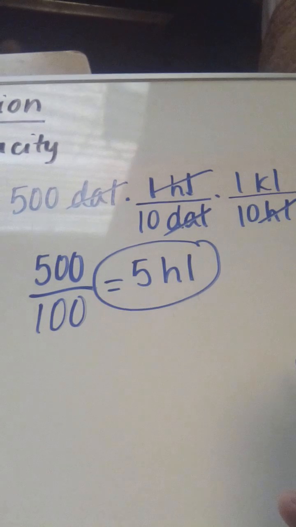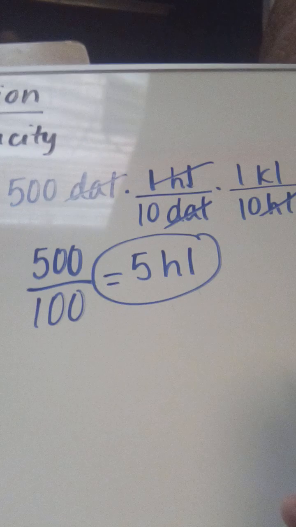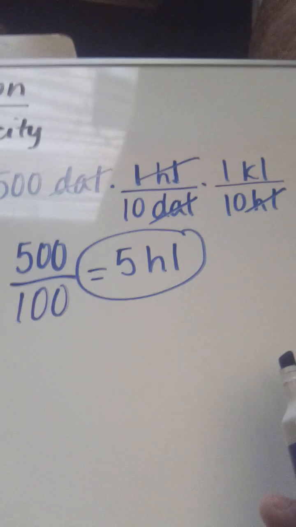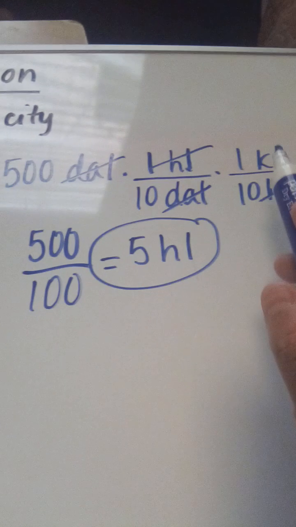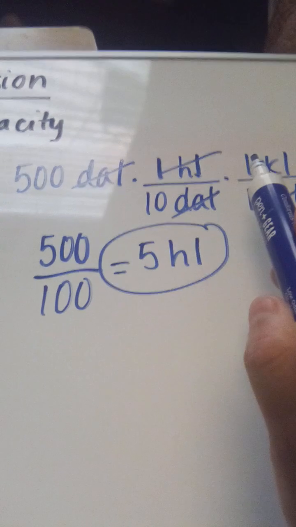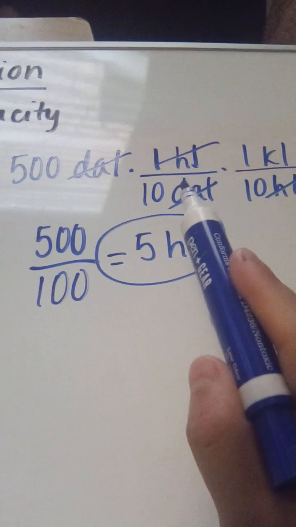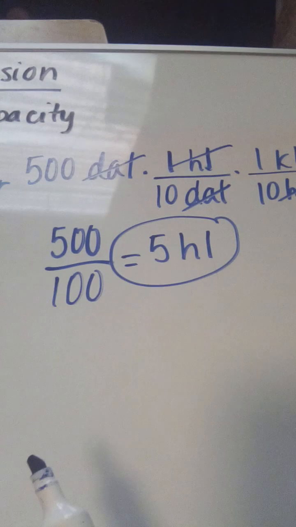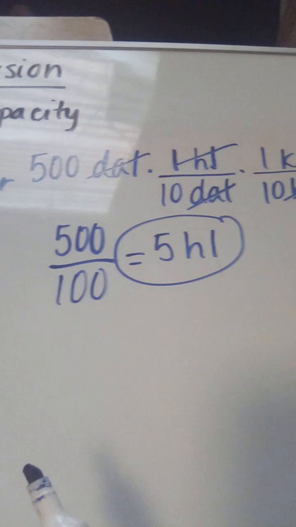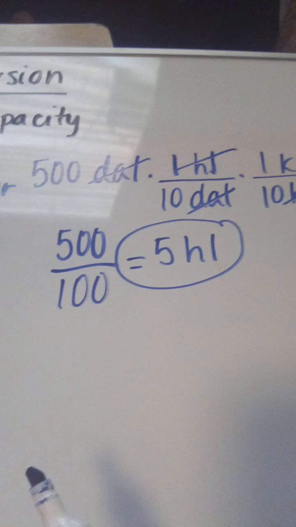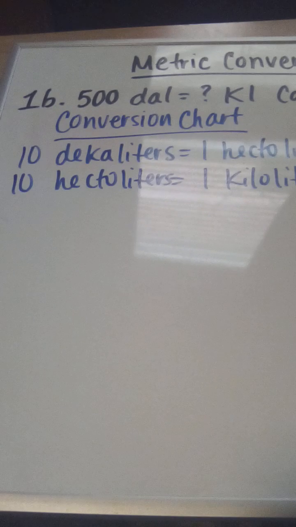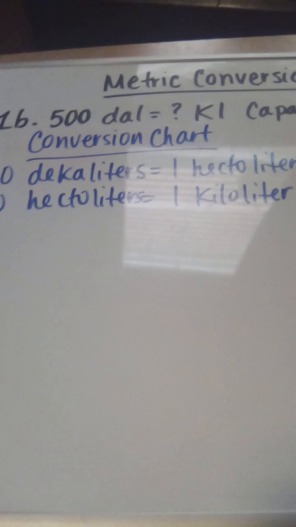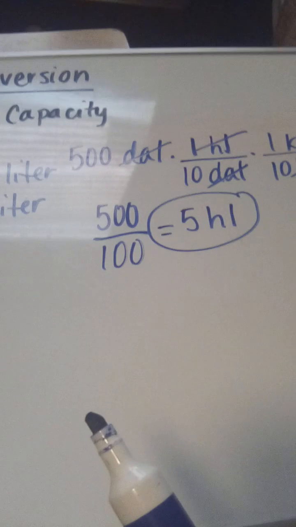So you got 500 deciliters times 1 hectoliter over 10 deciliters times 1 kiloliter over 10 hectoliters, and you cross out the metric units, and we're looking for kiloliters, and you multiply the numerator first. 500 times 1 is 500, and then 10 times 10 equals 100, and then 500 divided by 100 equals 5 hectoliters. Any questions on 1B? All right, let's go on to the next one.